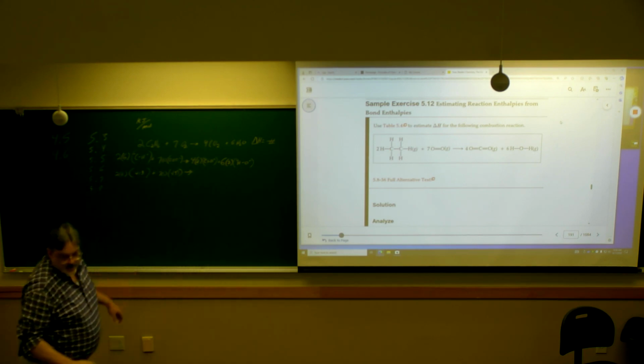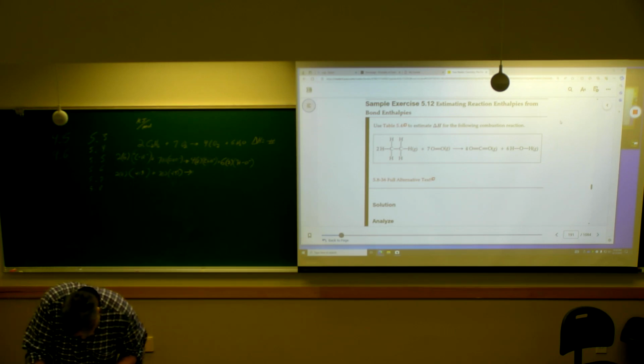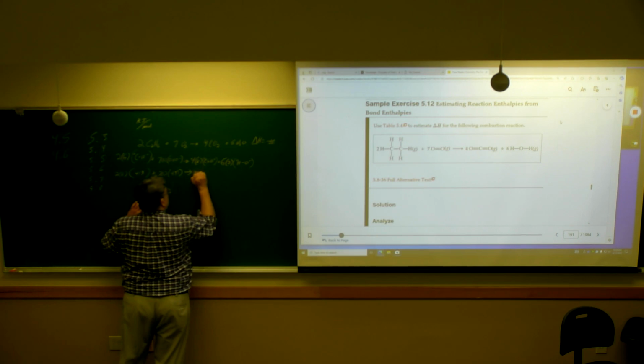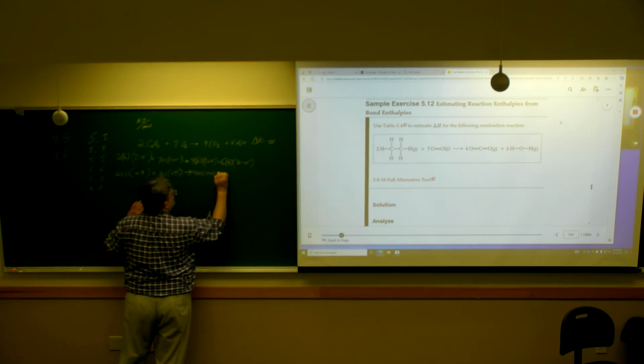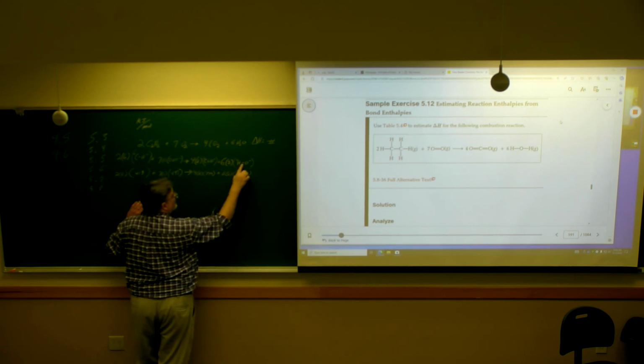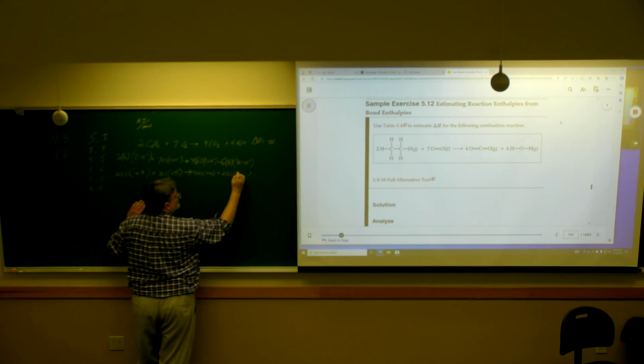C double bond to O. You see it? 799. 4 times 2 plus 6 times 2. What do you see for H to O? Single bond. 463.